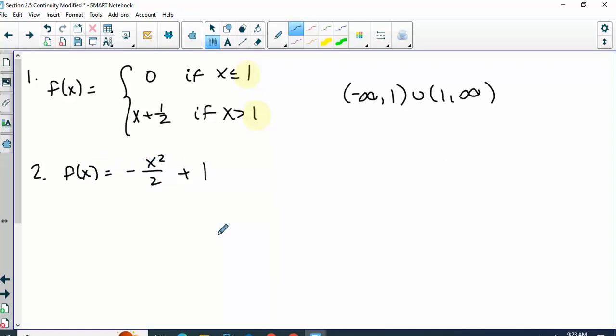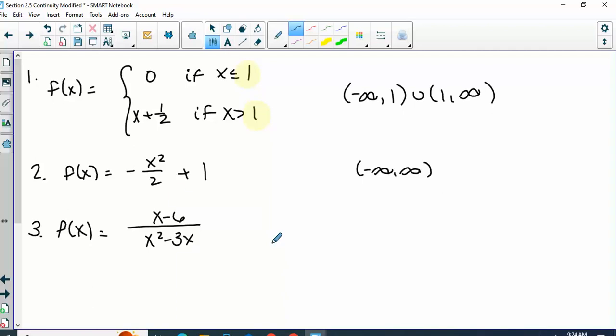All right, the second one. We have a fraction. So in fractions, we know our concerning piece is what makes the bottom 0. Is the bottom ever 0 here? So where is it continuous? If I'm looking at this one, what is the problem here?